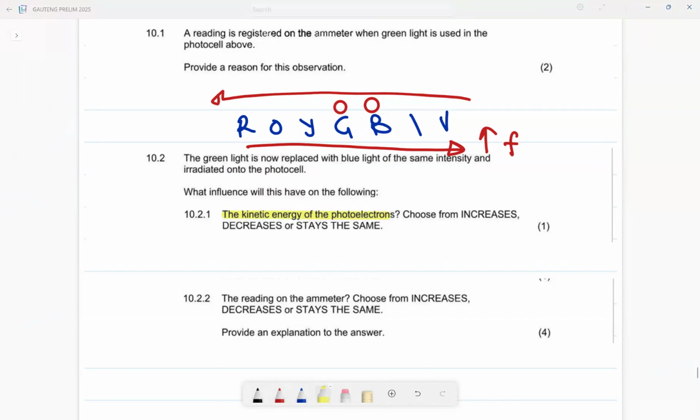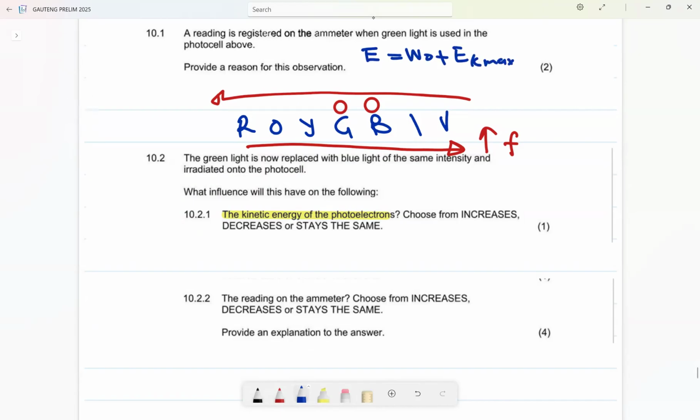Well, the answer is, let's check. The frequency of blue is greater than the frequency of green, so blue will have a higher frequency. Remember that energy is equal to work function plus EK max.